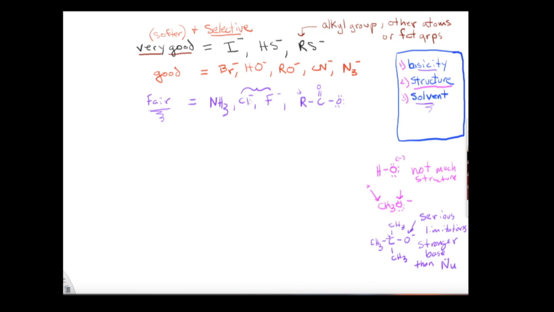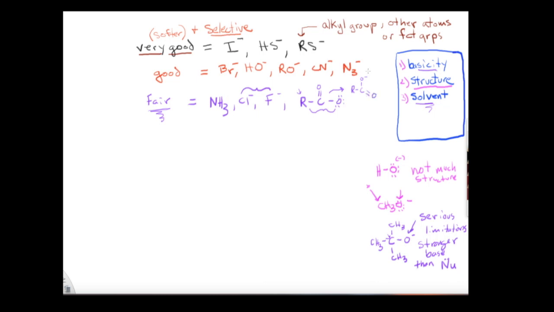So now you have competing reactions going on. This one over here, you have the fact that there are resonance structures here, right? This thing could be drawn this way. I'll just draw it really, really slowly.